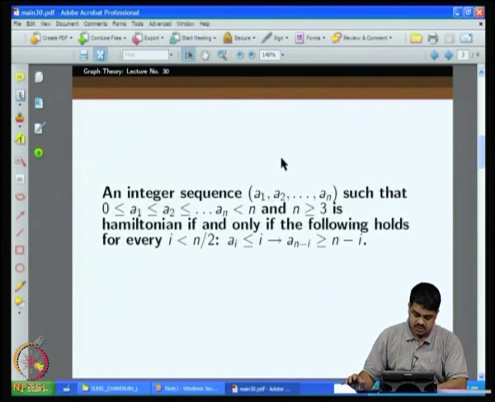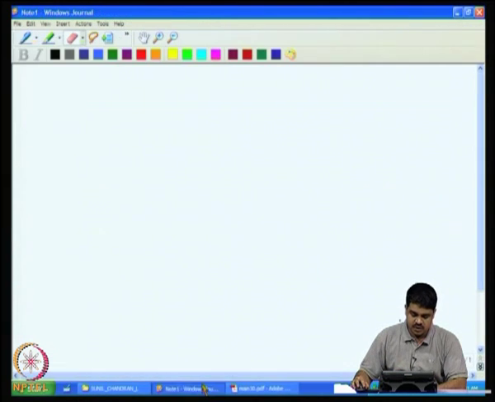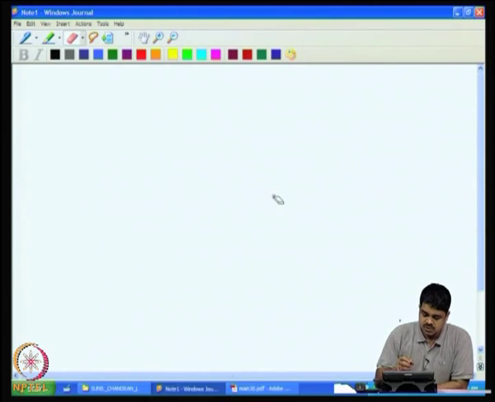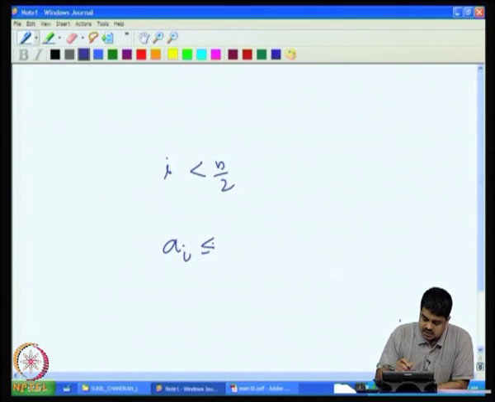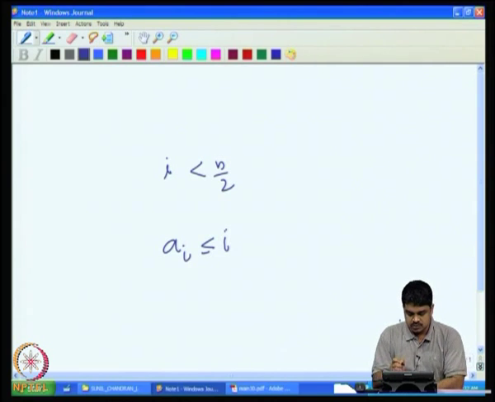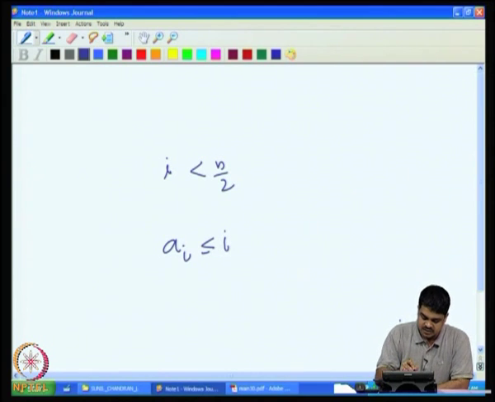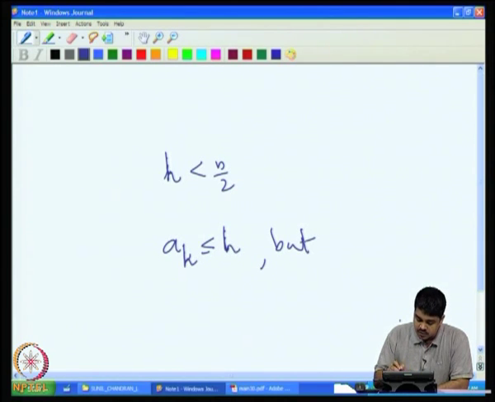That means, suppose for some i less than n by 2, it so happens that ai is in fact less than or equal to i. So, maybe we can change the notation to h less than n by 2, ah is less than or equal to h, but the corresponding inequality is not correct.